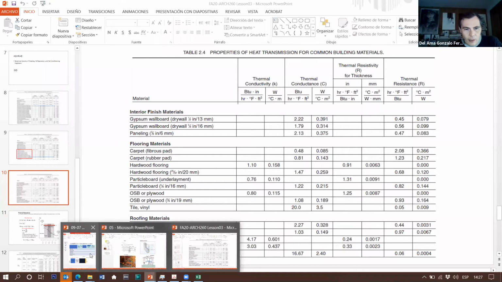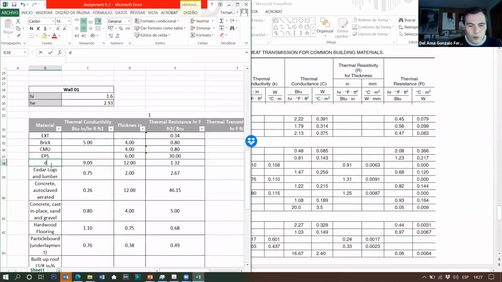Okay, so now we go back to the Excel file. This is drywall. We don't have thermal conductivity. The thickness is 1/2 inch, 0.5, and this value is 0.45.